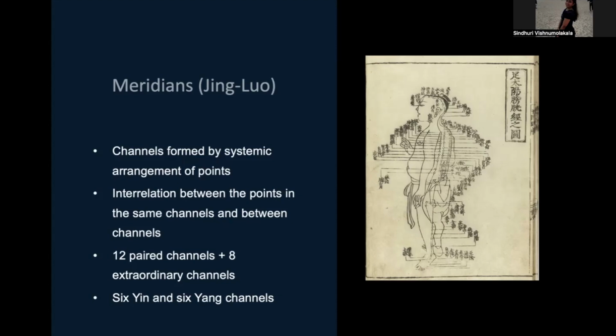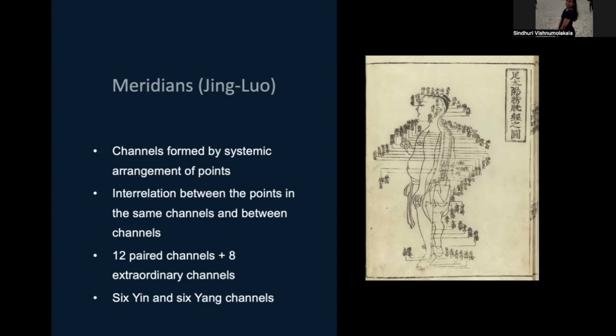We have a total of 12 paired channels and 8 extraordinary channels. Now, why are they called paired? Each channel has a pair connection with another channel, which is closely interrelated, sharing the same elements or the same openings into the sense organs.